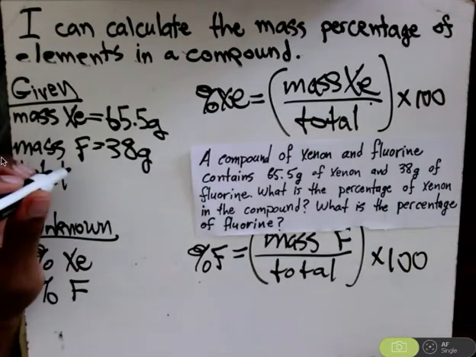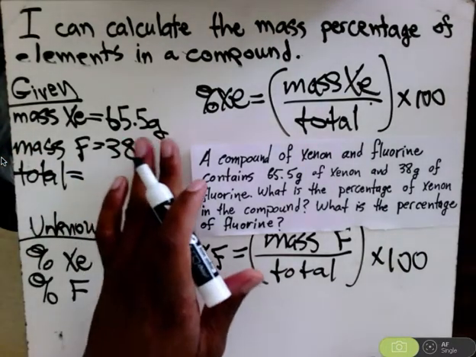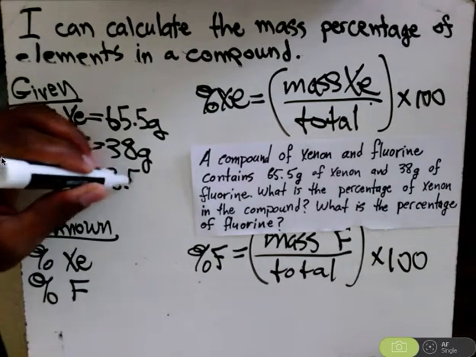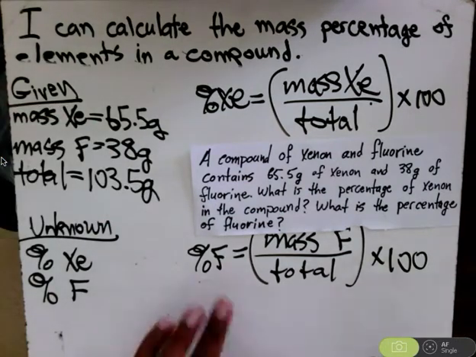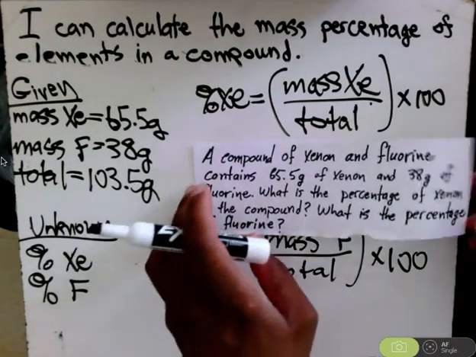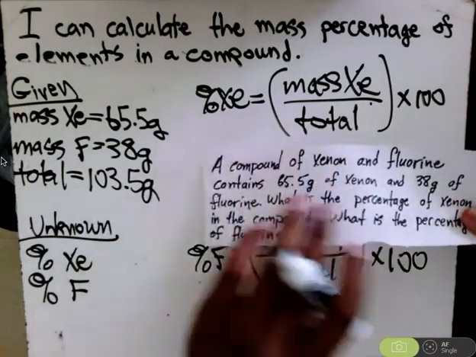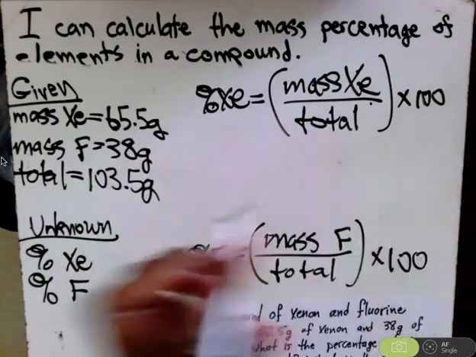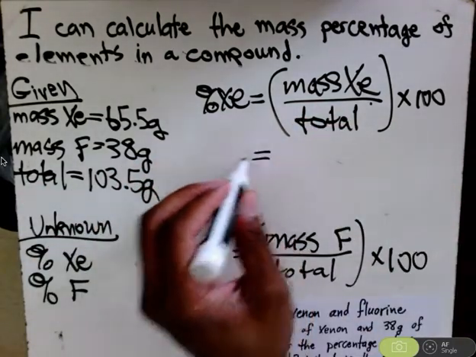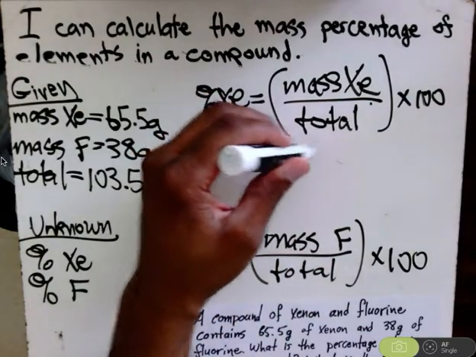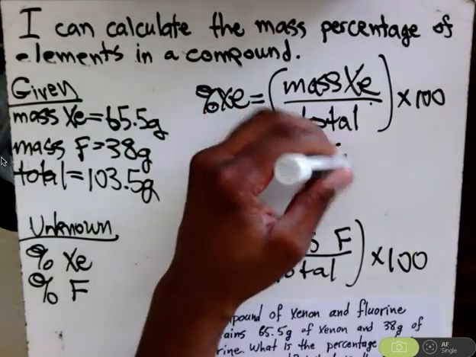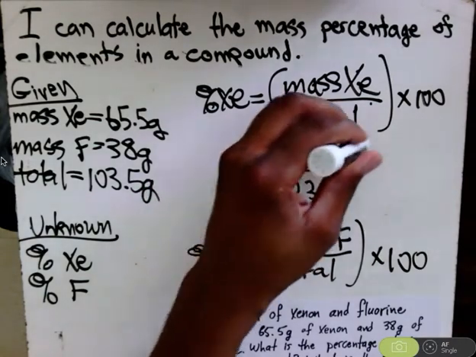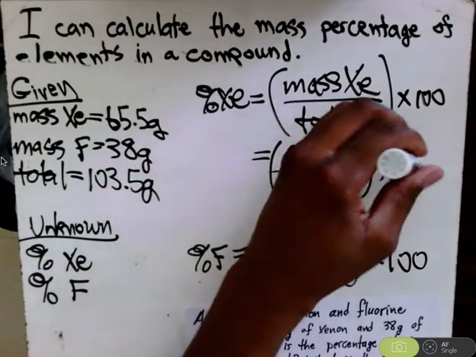So our total is going to be 65.5 plus 38, which is 103.5 grams. That is our total. And now we can just plug in our values and solve. So for the percent of xenon, the mass of xenon is 65.5 divided by my total, 103.5. Multiply that by 100.